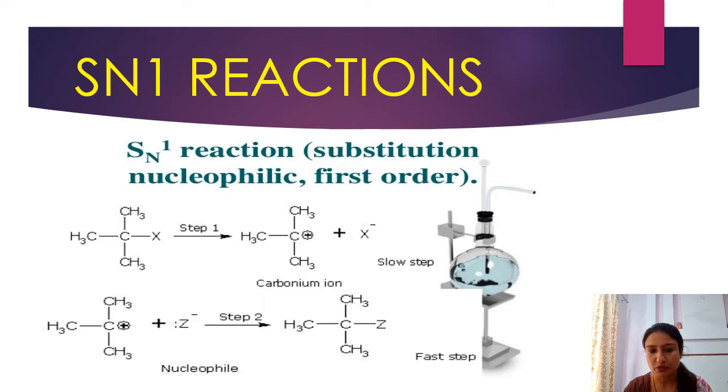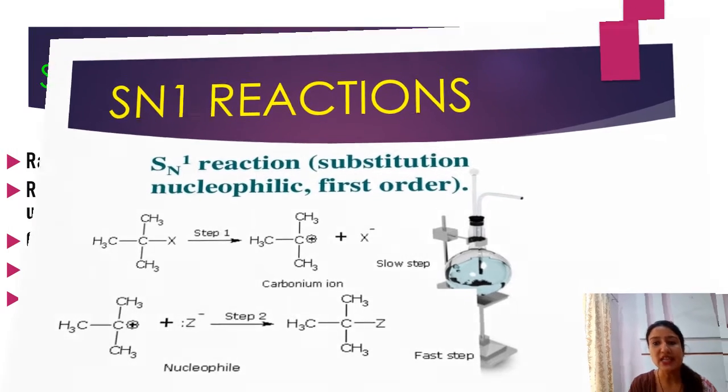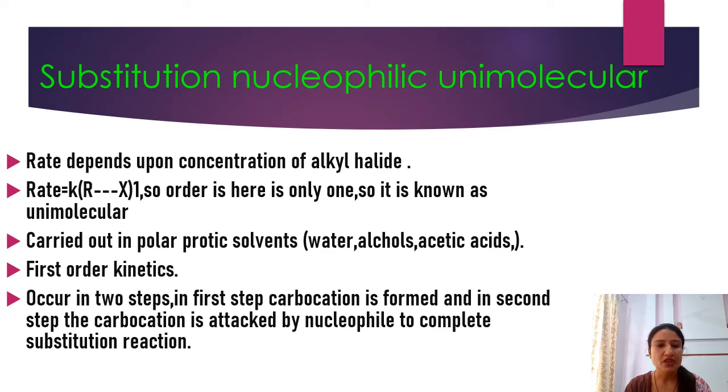This is a two-step process. One step is slow and the second step is fast. As all of you know, the slow step is always rate determining. And the positive point here is that we form a carbocation, which is very stable.